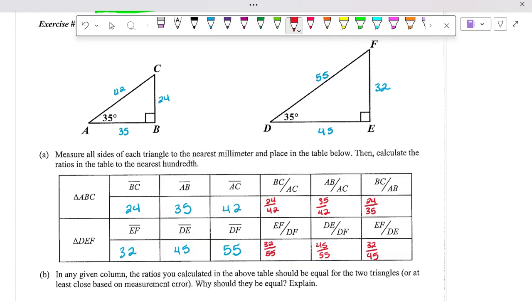No, you're not adding anything. Just simplify them. So you just do 24 divided by 42, 35 divided by 42, so on and so forth. And then just write down whatever decimal you get, but round to 2 decimal places.